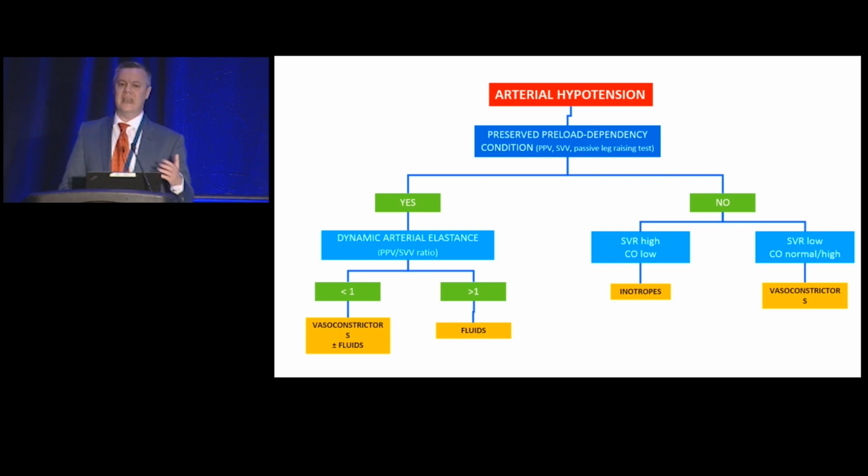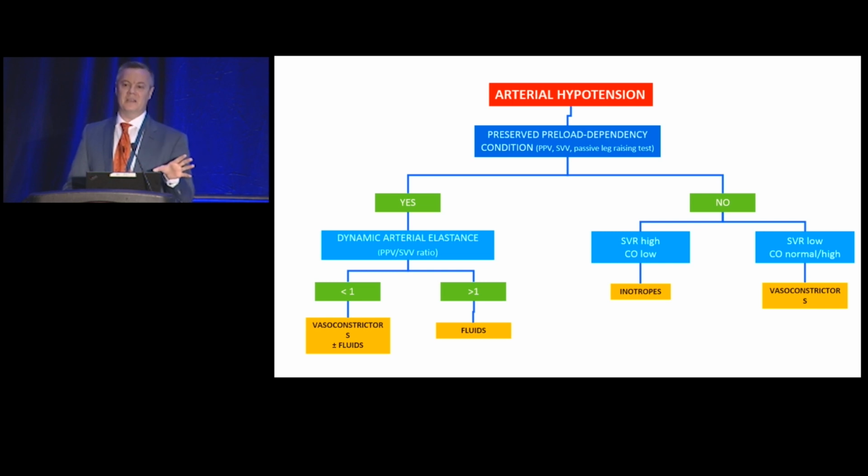If the patient is able to increase the cardiac output with fluids, if the patient is preload dependent, we can give fluids. But if our target is to increase the arterial pressure because the patient is hypotensive, we can use this dynamic arterial elastance. So if this dynamic arterial elastance is telling us that the patient is able to increase not only the cardiac output, but also the arterial pressure, give only fluids.